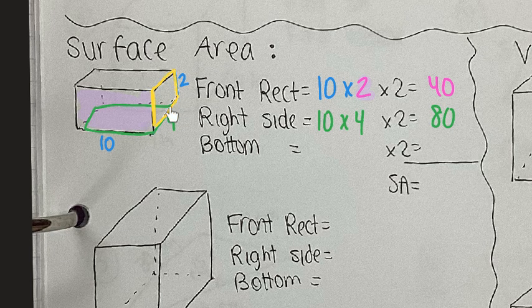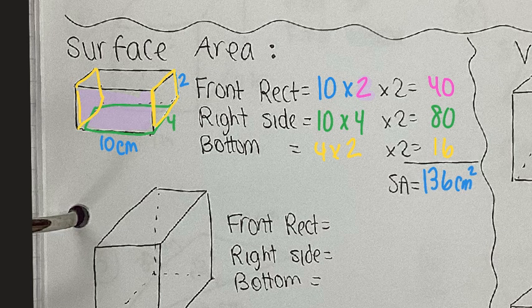Kind of looks like a parallelogram, but it's a rectangle because it's a box. So the length is 4 and the width is 2. So now I've got 4 times 2 is 8, but there's also a side over here, so we're doubling it to get 16. 40 plus 80 is 120, 130, 136. My final answer is 136. If this was centimeters, it would be centimeters with a tiny 2.